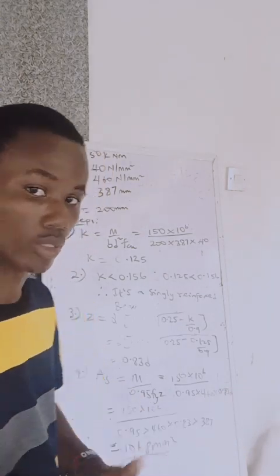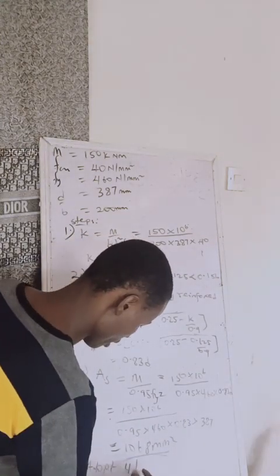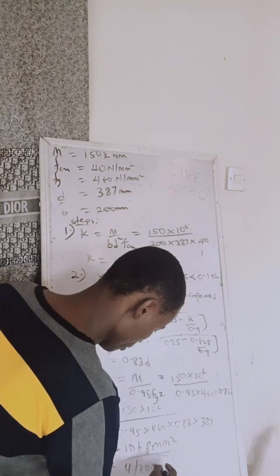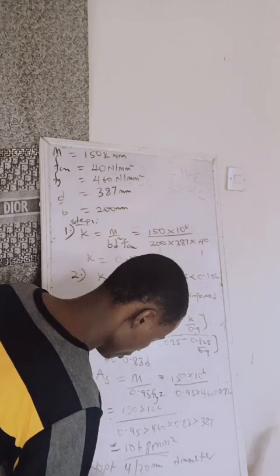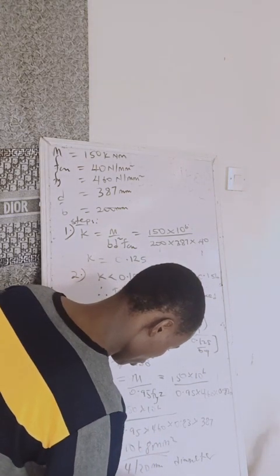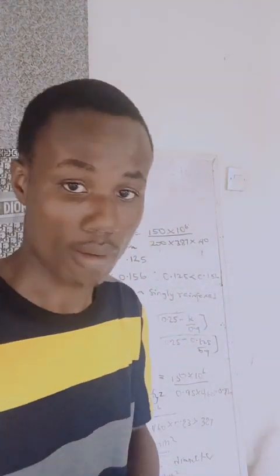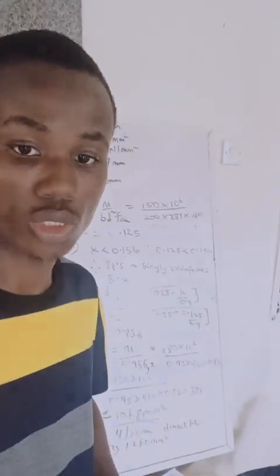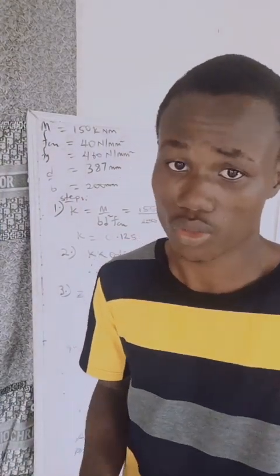So for me, I would say adopt 4 by 20 mm diameter, providing 1260 mm square. For your own, you can use something closer to it or something more than it. Any shade you use, you're still correct.